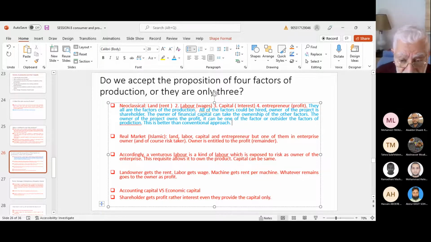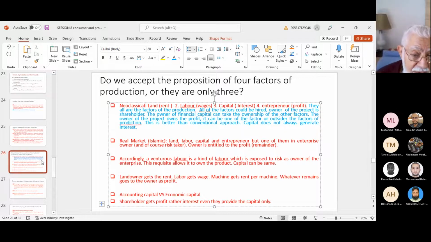Capital in the economic sense means machines that are used, or goods that are used for producing other goods and services. So the machine may enter the process of production on the basis of renting its services also. So the machine will have a rent per machine, like the rent per land. So the idea that capital earns interest is completely incorrect.